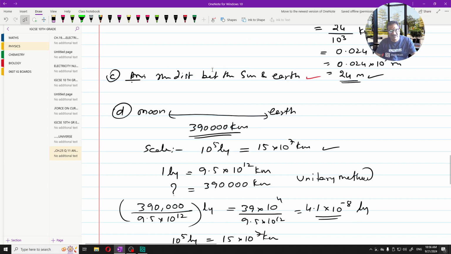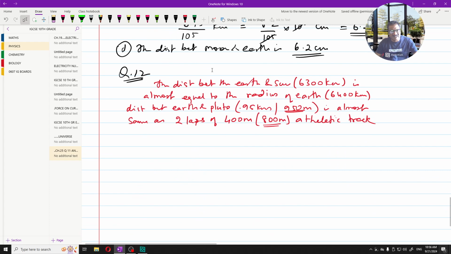So the distance between earth and sun in meters, which we got as 24 meters, is almost the same as the pitch of the cricket.